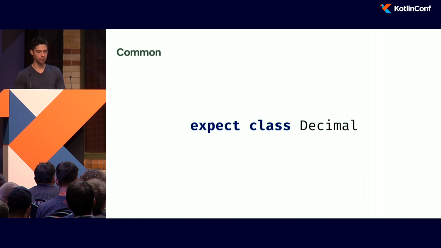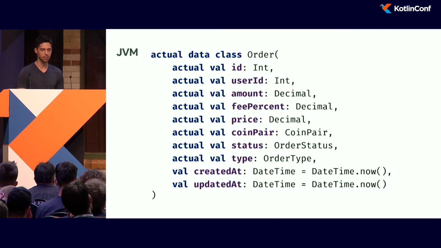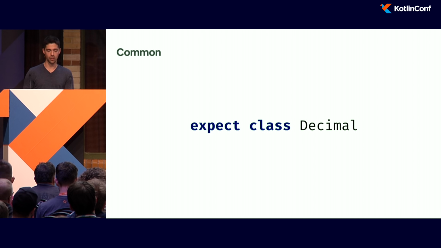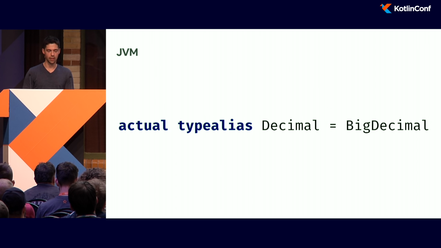For another example, that's actually something I was using in this example. I have a few fields that use the decimal class, which is not something that exists out of the box, but I defined it as another class in the common module, and I implemented it using typealiases, which is pretty powerful. You don't have to implement every single actual class that you need.